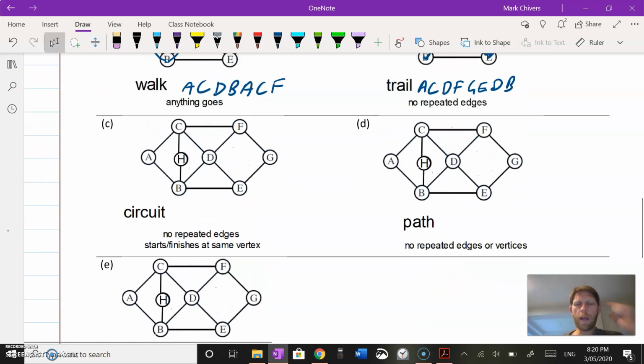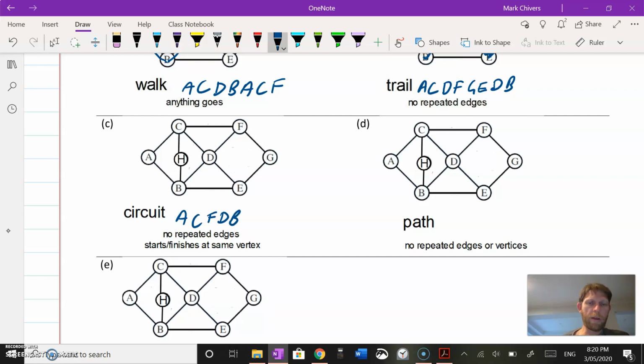Now, a circuit is a trail that starts and finishes in the same spot. So for this one, I'll do a rather simple one. I could do A, C, F, D, B. Actually, I won't do it that way. I want to repeat a vertex.